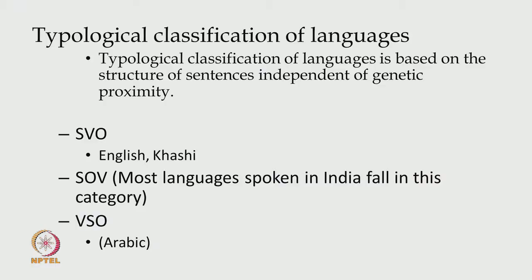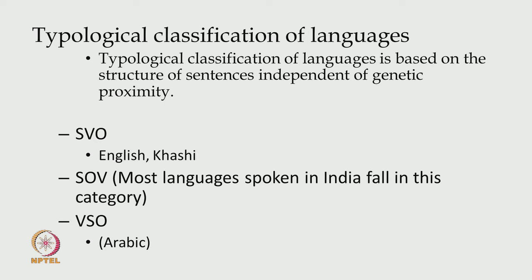They are either SVO, where S refers to subject, V to verb, and O to object, and SVO primarily means the order of the words in a sentence is going to be subject, verb, and object. The order of the fundamental words in the other type is going to be SOV, that is subject, object, and verb, and then there are some languages that are VSO.